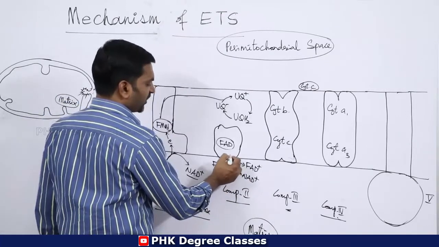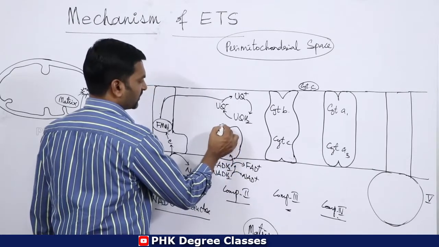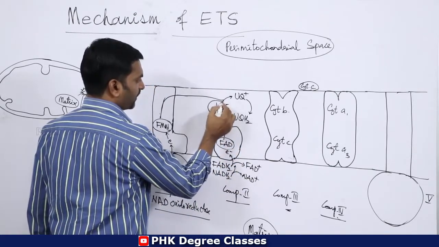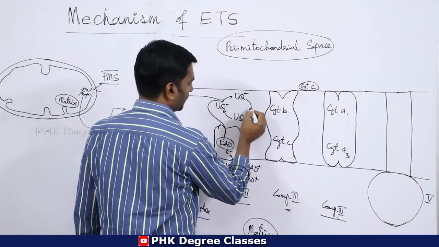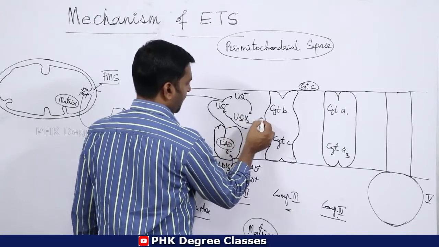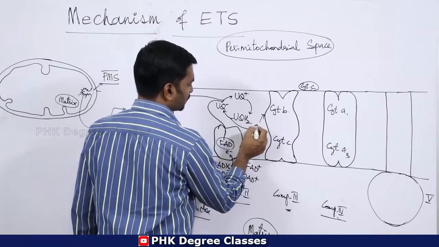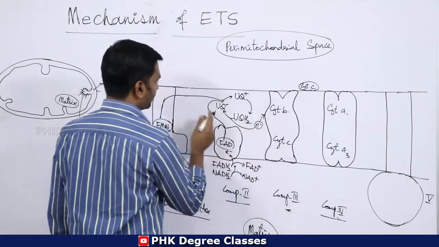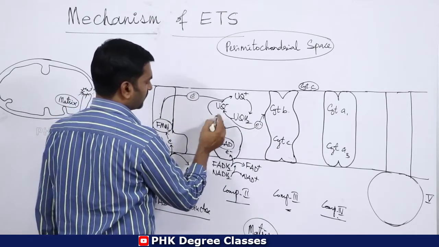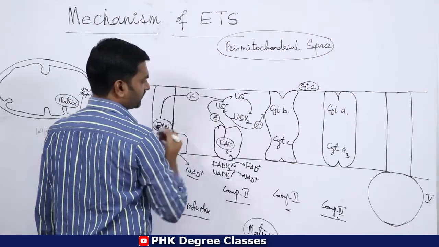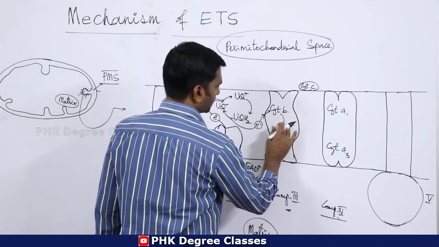Then there is a liberation of electrons. These electrons will move like this. So these are the electrons.